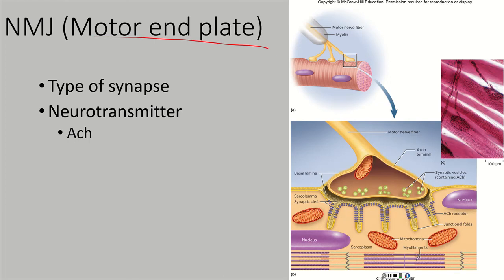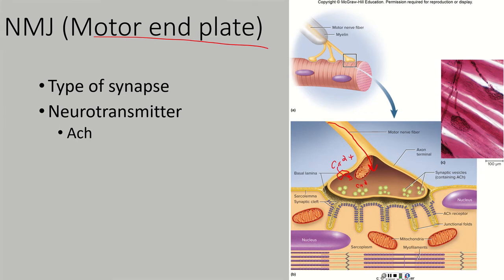And the things that we learned about in the last lecture, the nervous tissue lecture, the exact same things are going to happen here. An action potential is going to travel down the axon. It gets to the terminal button. It opens voltage-gated calcium channels. Calcium rushes in.